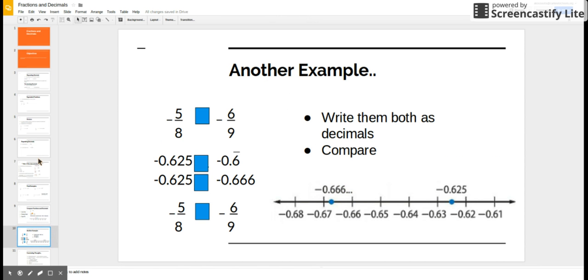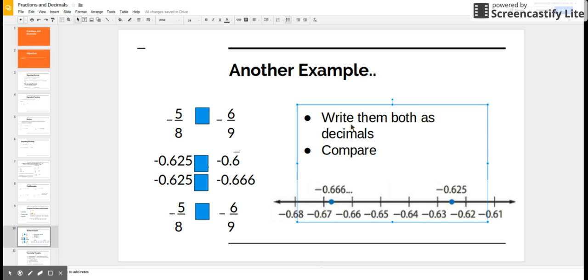Here is another example. You have negative 5/8 compared to negative 6/9. Alright, well let's write them first both as decimals. So we have negative 0.625 compared to negative 0.6 repeating. Okay, well it's kind of hard to compare these two because this only has 1 place value past the decimal. This has 3.